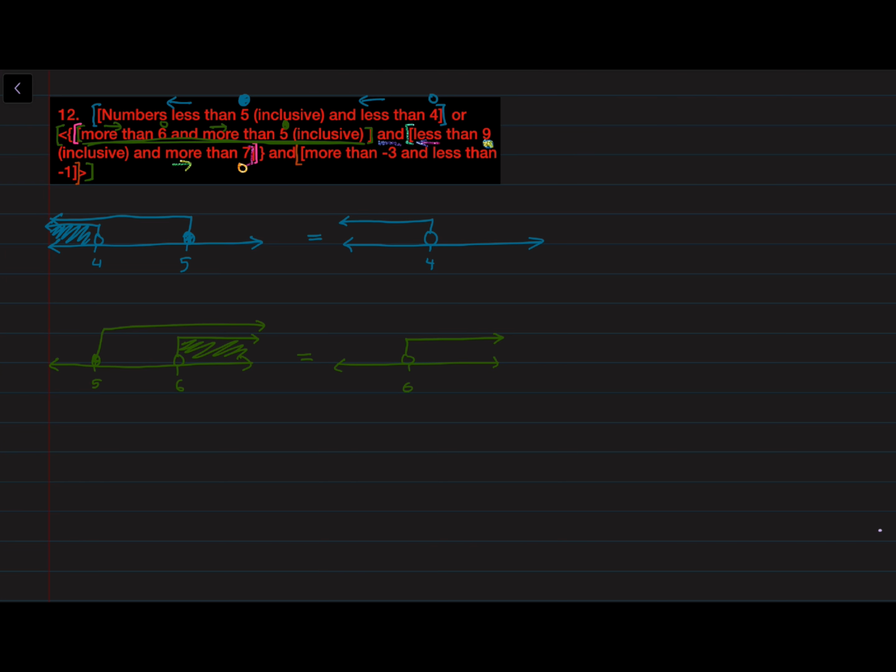So if we draw the interval over here, we're looking at numbers 7 and 9, and we're looking for numbers that are less than 9 and more than 7, like this. So overall, we would have an interval that looks like this.